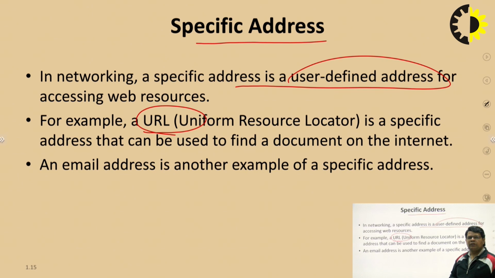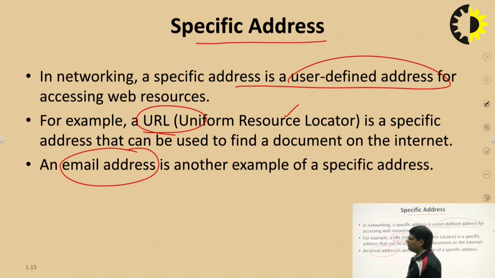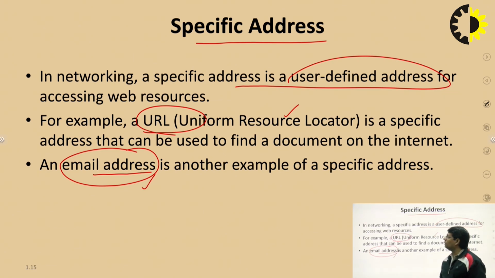That is basically the link available in the address bar of the browser when we access any website or web page. Another example is email address, for sharing of data or information between 2 users over the internet or through the mail service. We require the mail address of both sender and the receiver. So any email address is an example of this specific address.